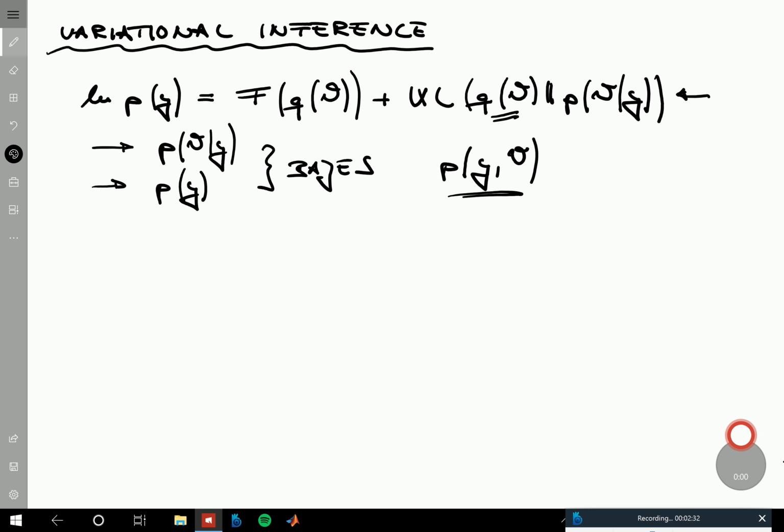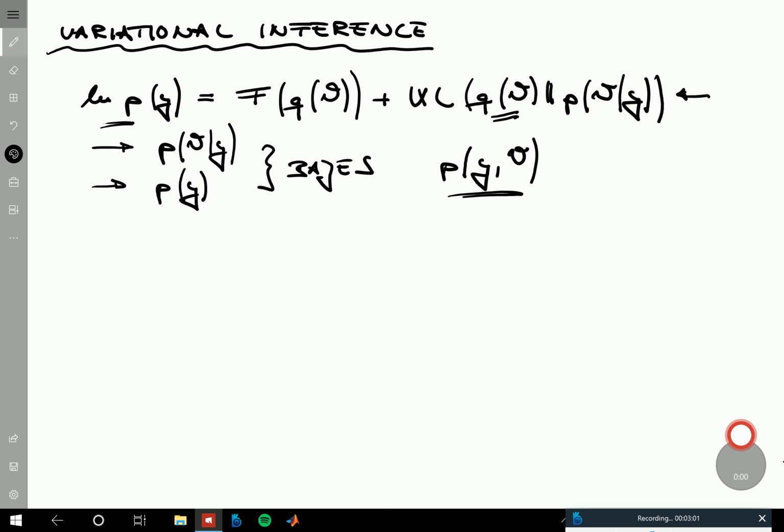which measures the distance between this variational distribution and the true posterior distribution, and the aim is to minimize this distance to have a good approximation to the posterior given by the variational distribution, and that this can be achieved by maximizing the variational free energy, because the log marginal likelihood is always constant and the KL divergence is always positive.